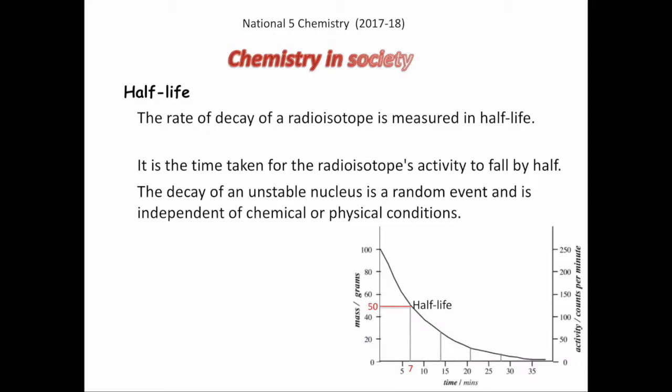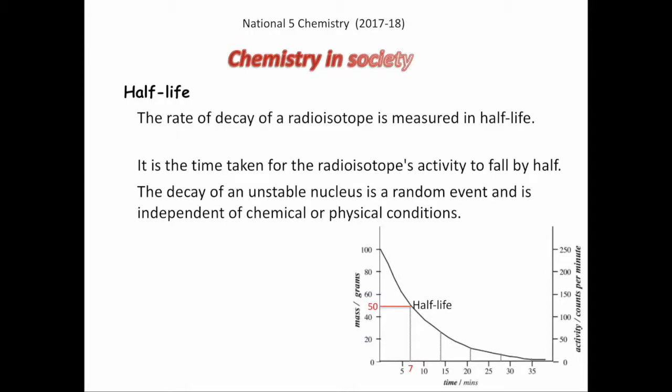As I told you, these radioisotopes have a tendency to emit radiations and decay by itself, and that is a natural process. It is a random event that is independent of any physical or chemical conditions, and it continues endlessly.